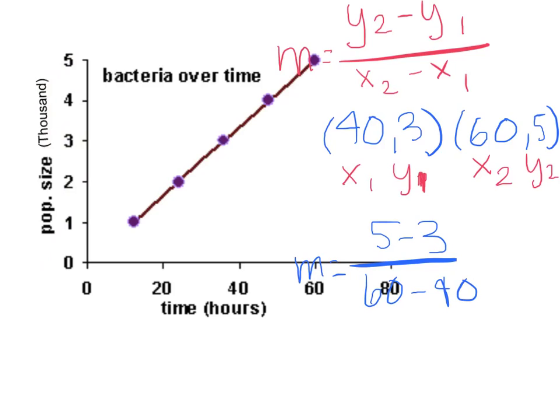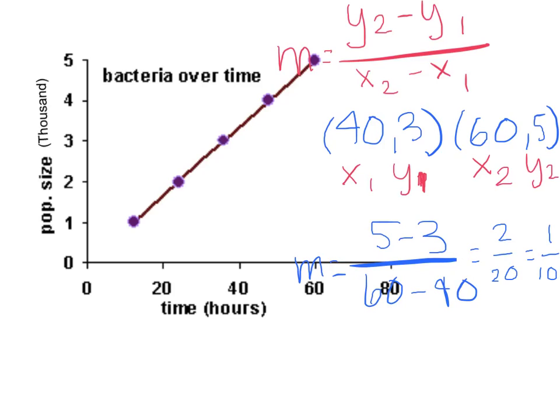Okay, so 5 minus 3 is 2, and 60 minus 40 is 20. And I can simplify that to be 1 over 10. Now that's the slope of the line. I can go ahead and label my answer.